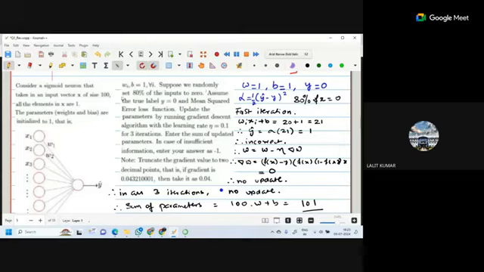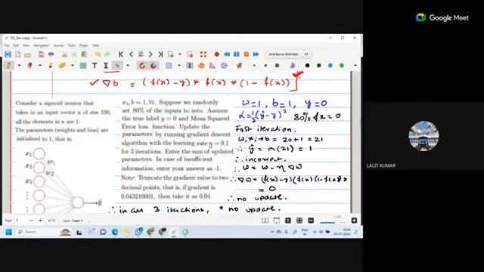Suppose we randomly set 80% of the inputs to 0. Assume the true label y is equal to 0, and the loss function is mean squared error loss. Update the parameters by running the gradient descent algorithm with learning rate eta equal to 0.1 for 3 iterations. Enter the sum of updated parameters. In case of insufficient information, enter your answer as -1.